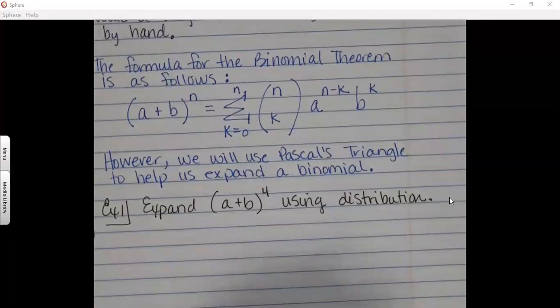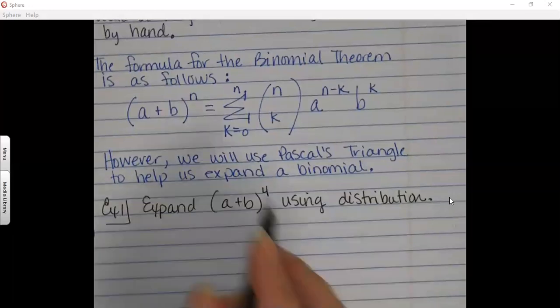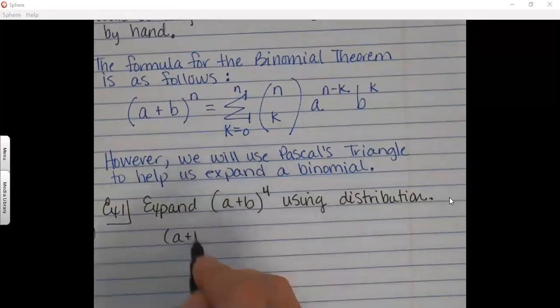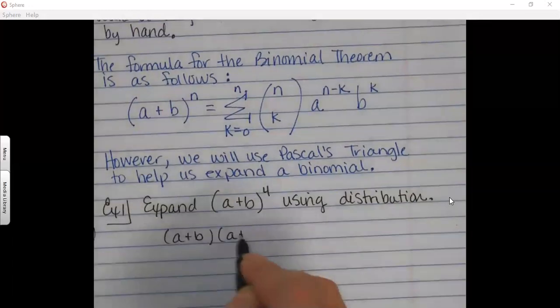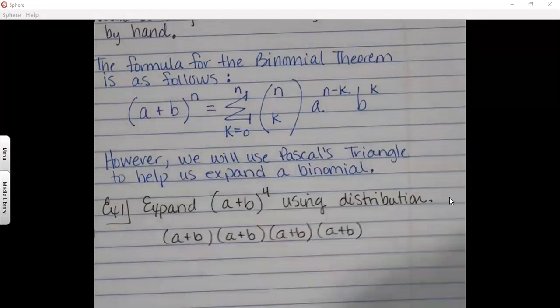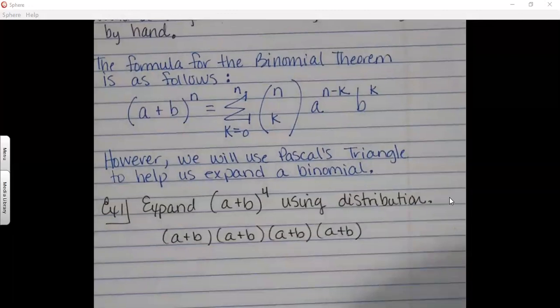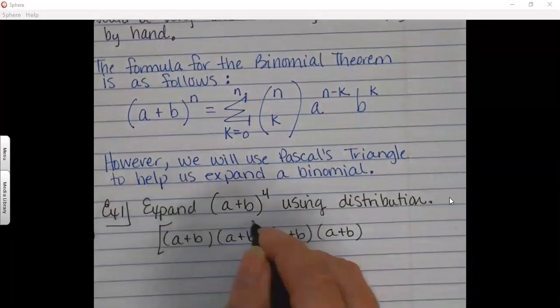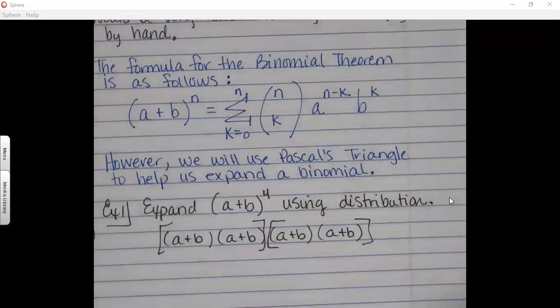We know that a plus b raised to the fourth is the same thing as a plus b times a plus b times a plus b times a plus b, right? And I can only multiply two binomials together at a time. So we'll multiply two at a time, and then we'll see what we get.